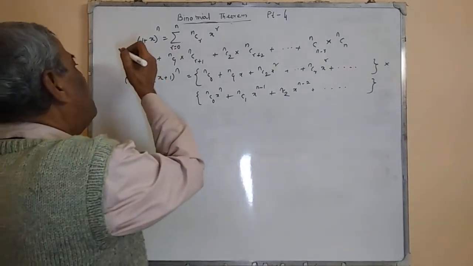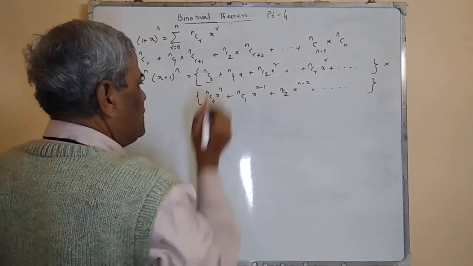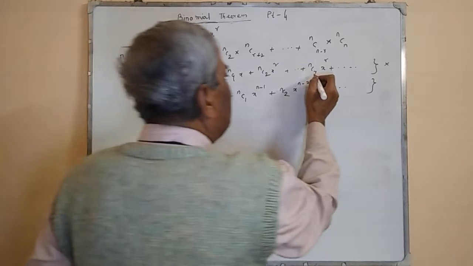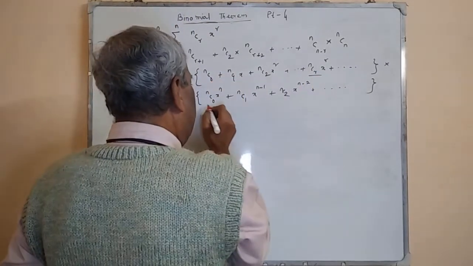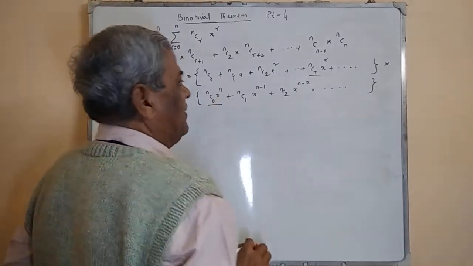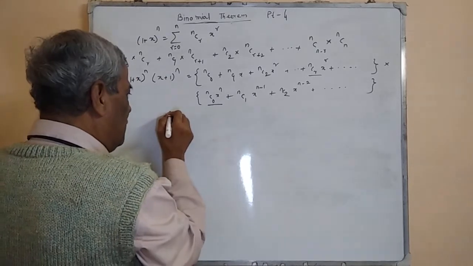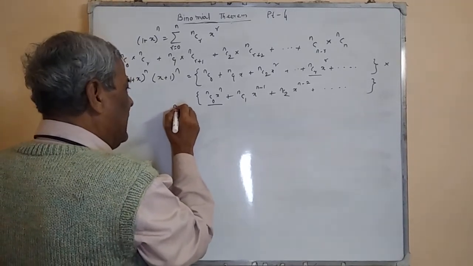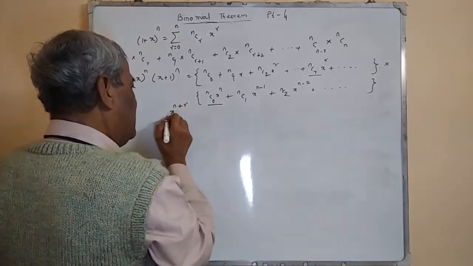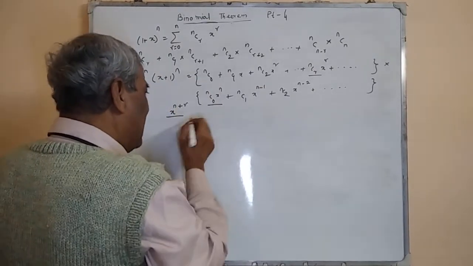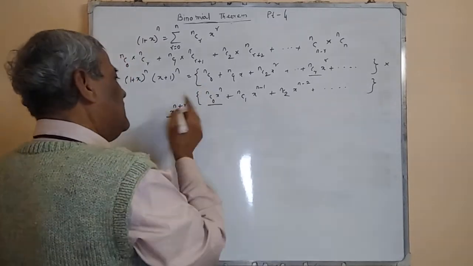Now we have to find nC0 into nCr. nC0 is this, nCr is this x to the power r, and from there nC0 is x to the power n. So from both sides we get the coefficient of x to the power n plus r. I write first the left hand side.